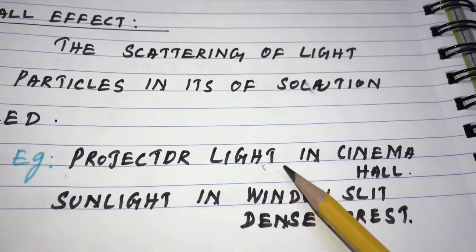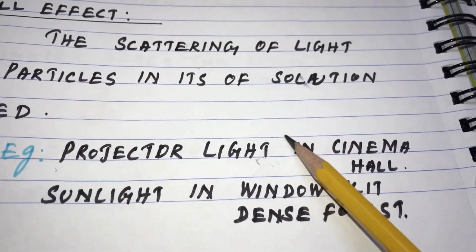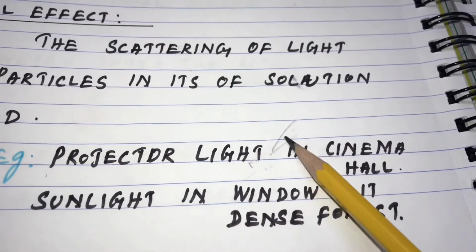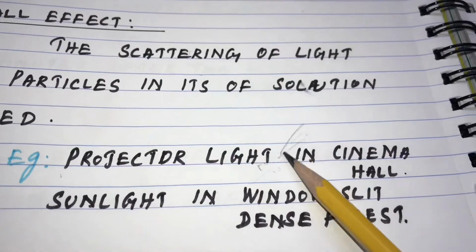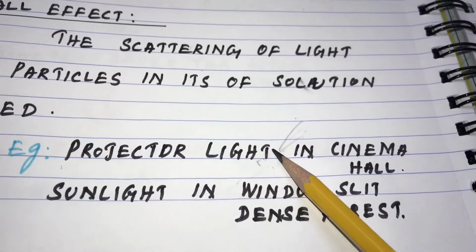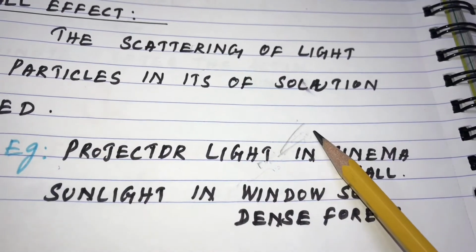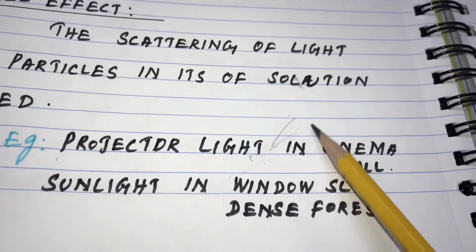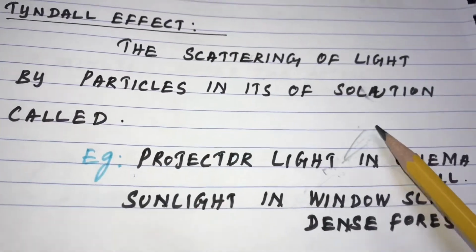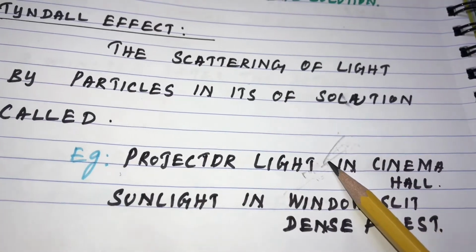Dust particles scatter light, thereby the light is visible to us. So the best example of the Tyndall effect is the light coming from the projector in a cinema hall.